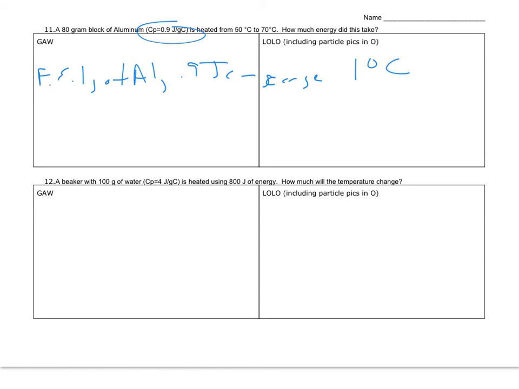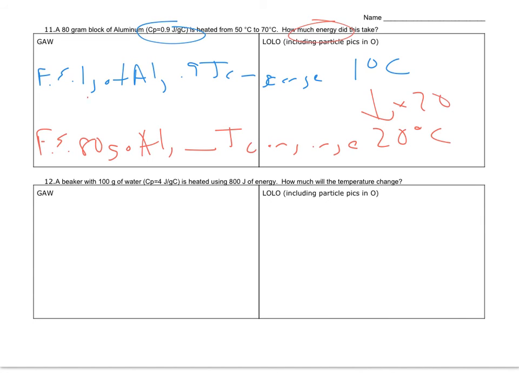And then we've got for every 80 grams of aluminum, how much energy? So blank joules can change 20 degrees Celsius. Times 20 times 80. It comes out to be 1,600 joules.